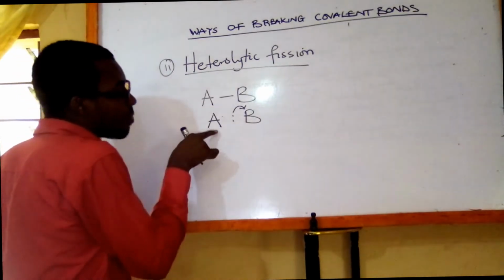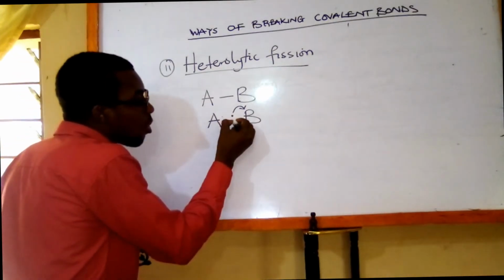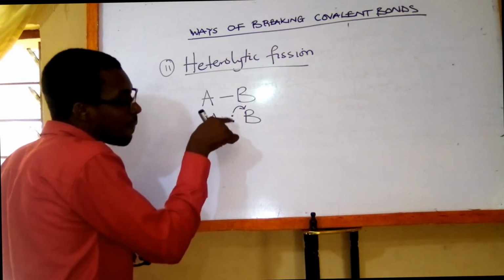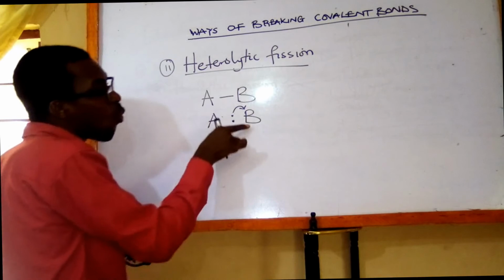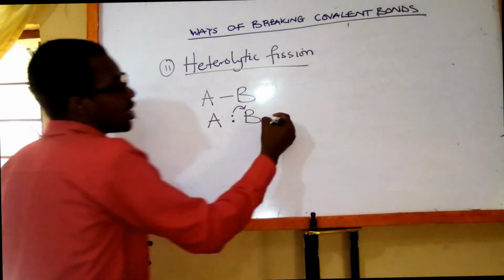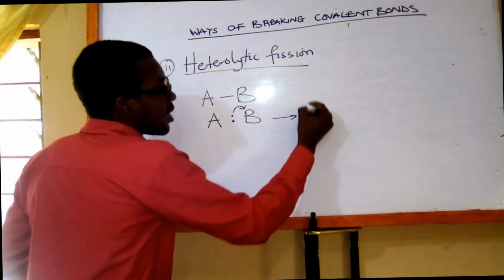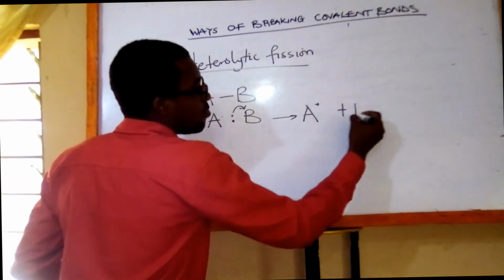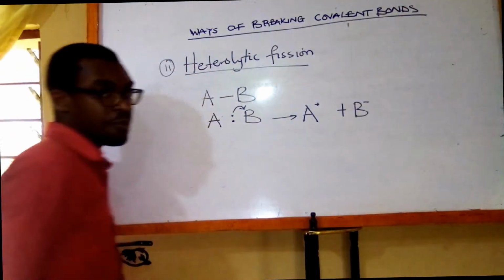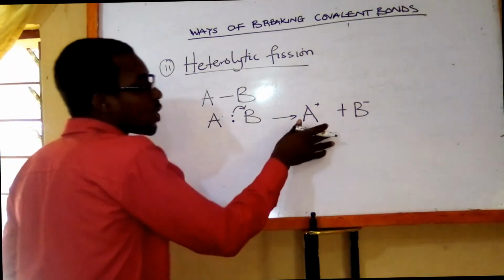Both electrons that make up the covalent bond are taken by one of the bonded atoms, and this will give us something like this: A plus, B minus.